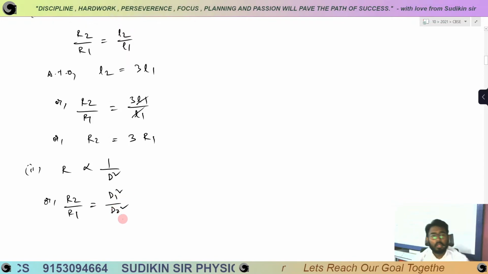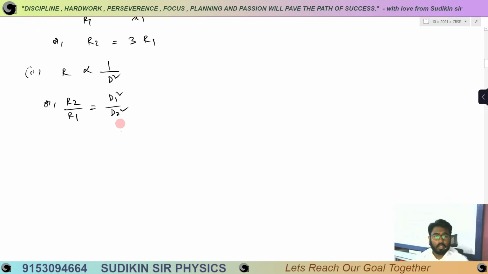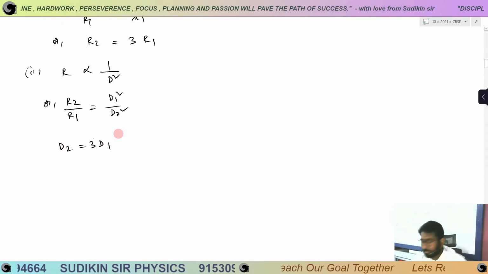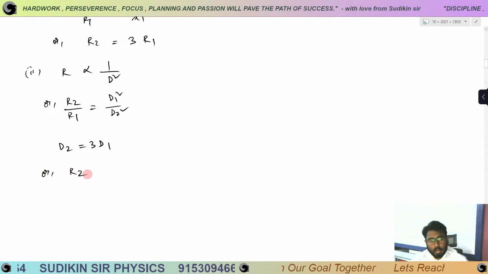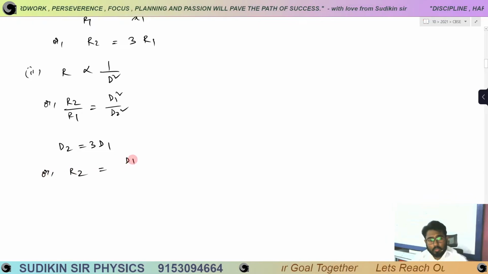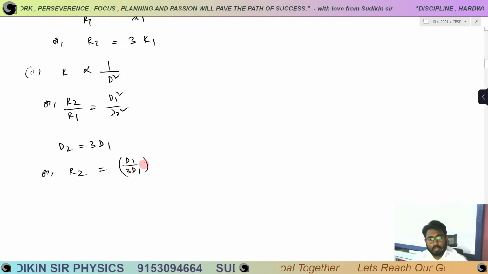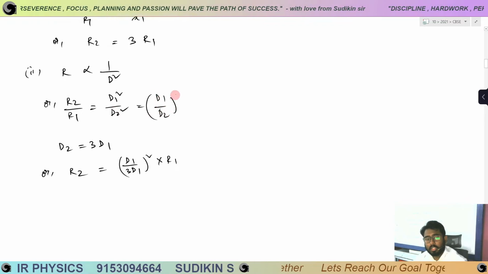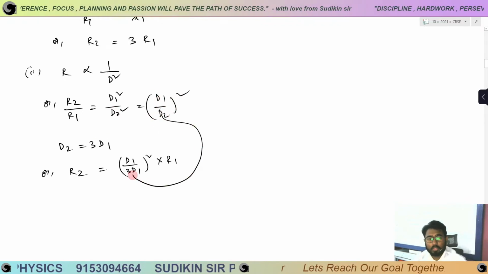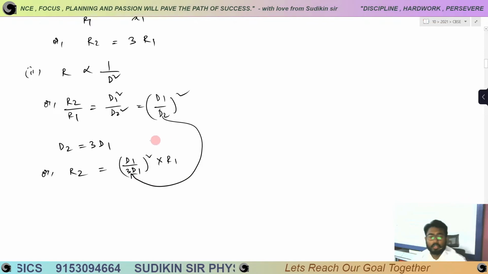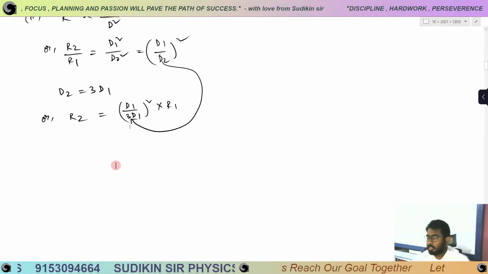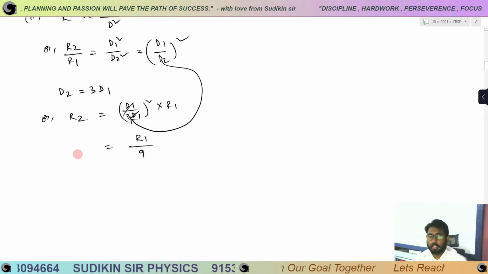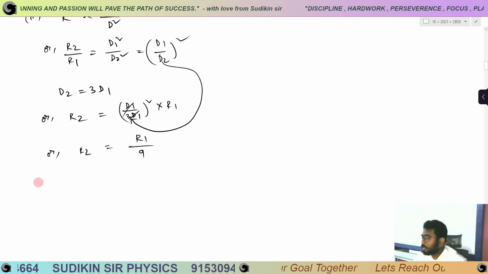Now d2 equals 3 times d1, if the diameter is tripled. So R2 equals d1 by d2, then square, times R1. I am putting 3d1 in place of d2, right? So what am I getting? d1 by 3d1 square. So d1 cancels out. So we get R1 by 9, or R2 will be the initial resistance divided by 9.